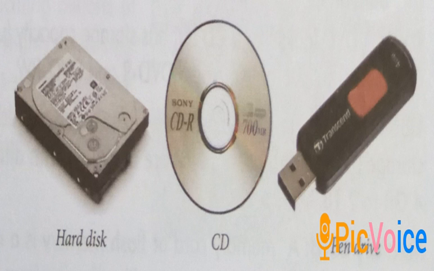CDR records data only once, and data once stored on it cannot be changed. But CDRW records data many times. Existing data can be erased and new data can be recorded once again.